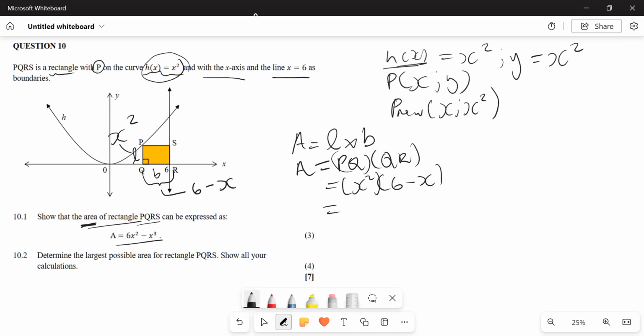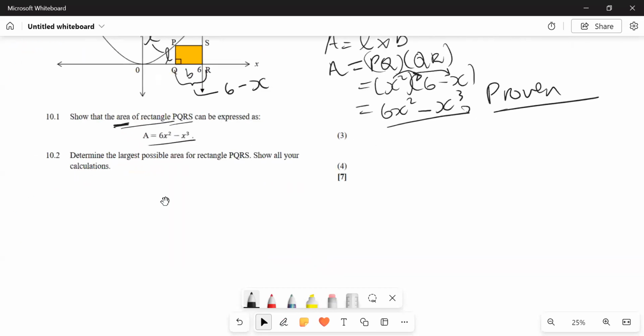Now we need to distribute x squared. x squared times 6 gives us 6x squared, and x squared times negative x gives us negative x cubed. Proven. So we've proven that that's correct. That's question 10.1. Now let's go to 10.2.